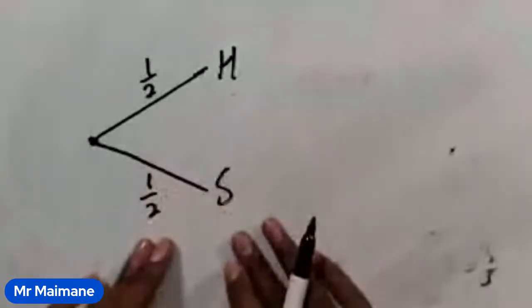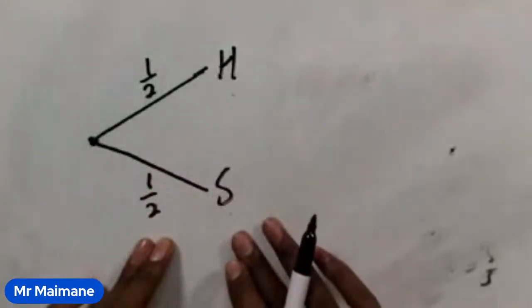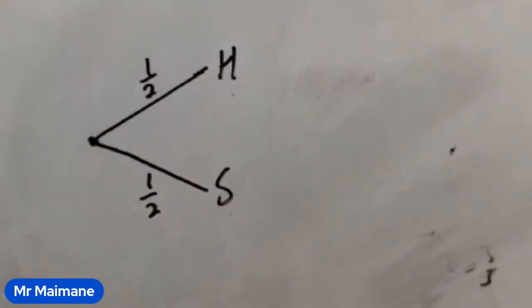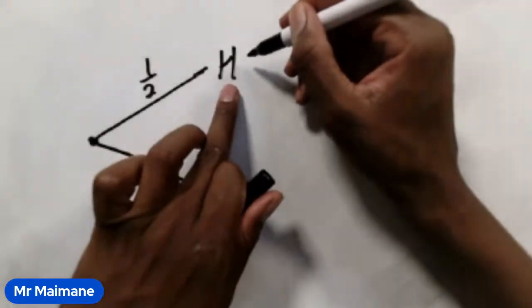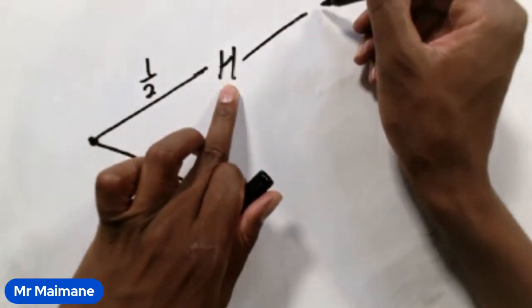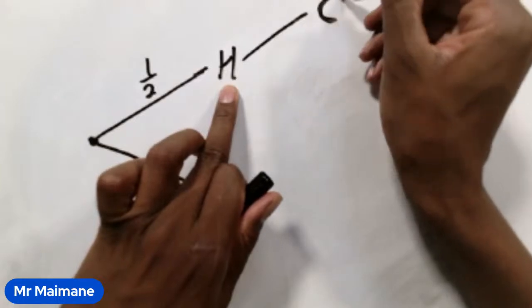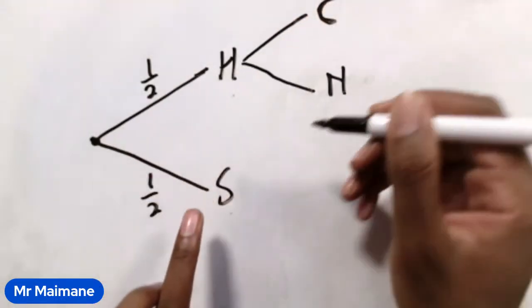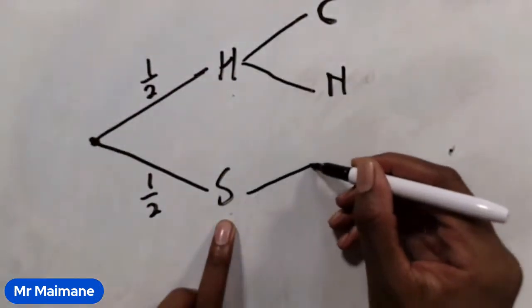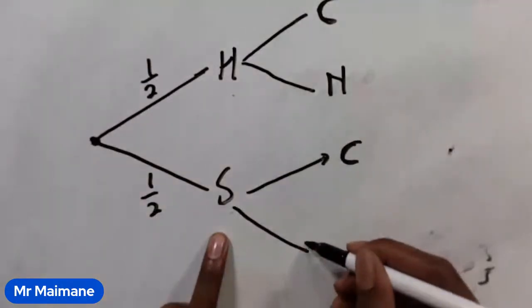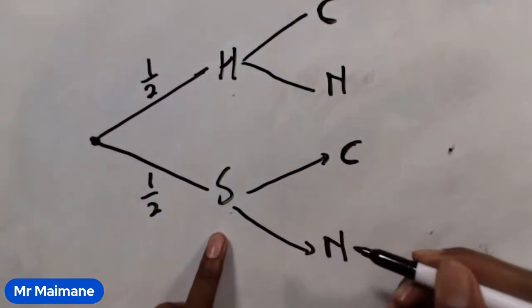Any student who's studying mathematics should understand that 50% is that. But now from the headache pill, we have some that were cured and some that were not cured. Also on the sugar, we have some that were cured and some that were not cured.